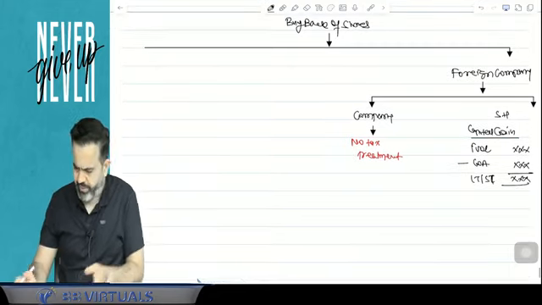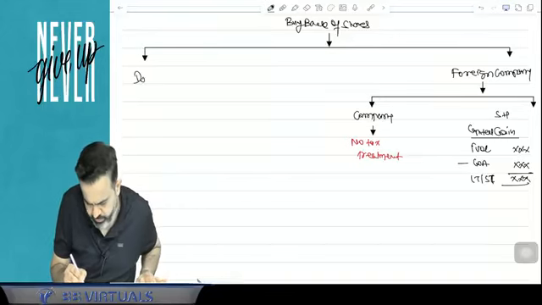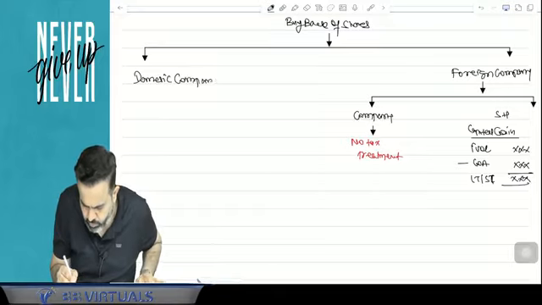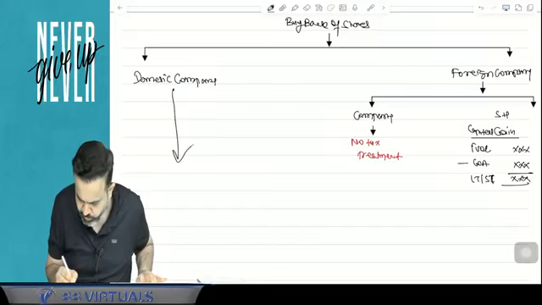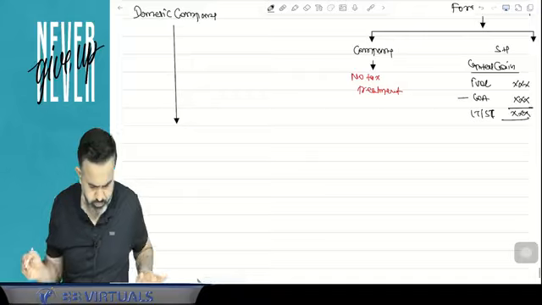But suppose any domestic company buys back the share, the examiner will ask you about the domestic company. If any domestic company buys back the share, then what will happen? So I'm just dividing this into two parts.